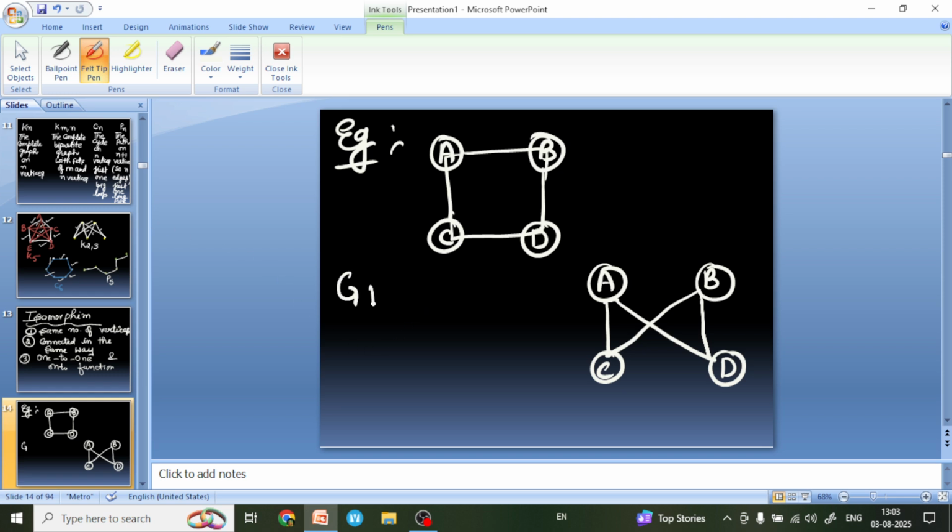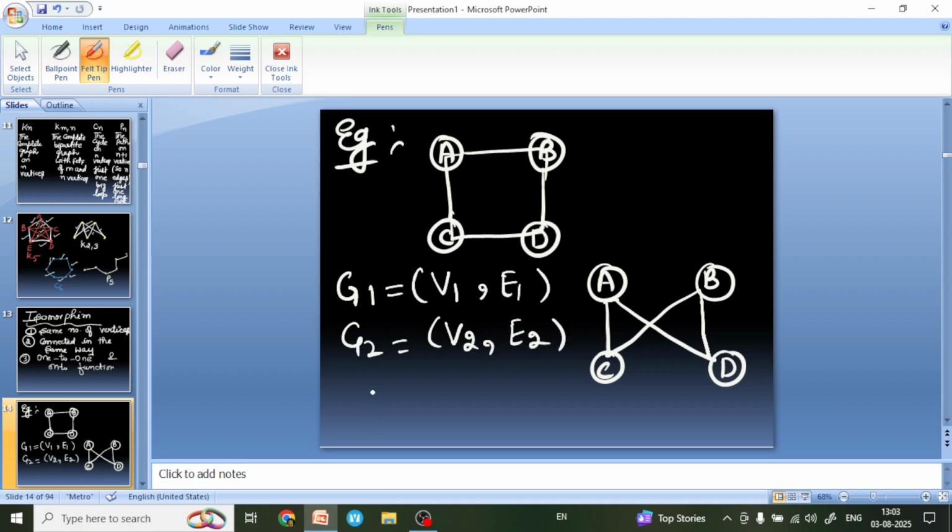Graph 1 has V1, E1, graph 2 has V2, E2. Means a function, you can represent it as A dash, B dash, C dash and D dash.